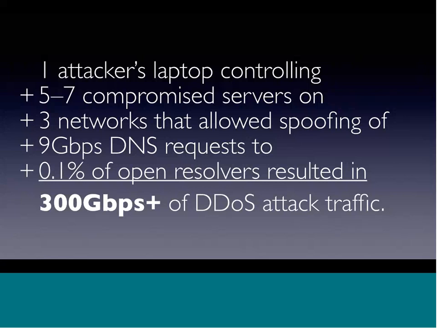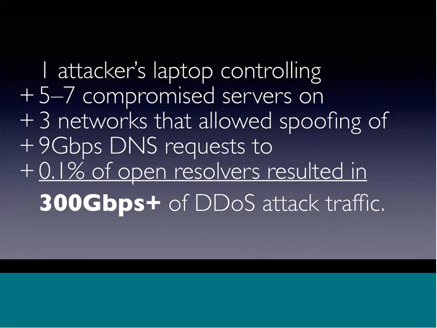He was able, on those compromised servers, to create 9 gigs of DNS requests, so 9 gigabits of questions, and all he had to do was go to 0.1% of open resolvers on the internet. So he produced 9 gigs of questions, and the answer was 300 gigabits of answer due to that amplification factor that we discussed.